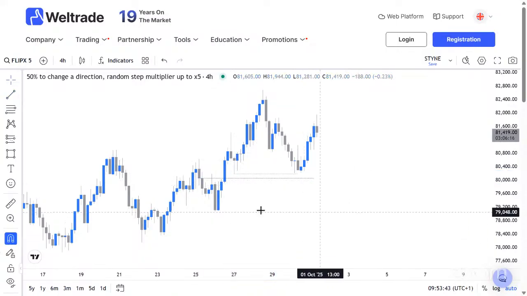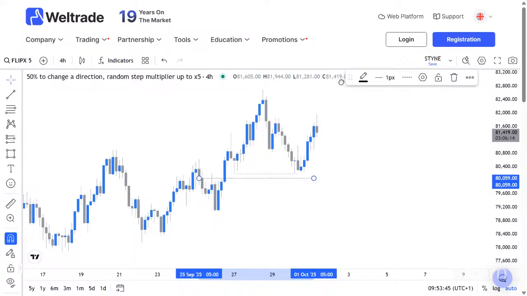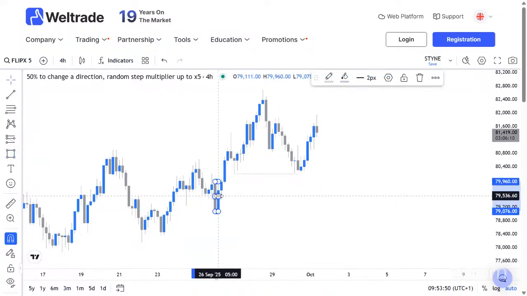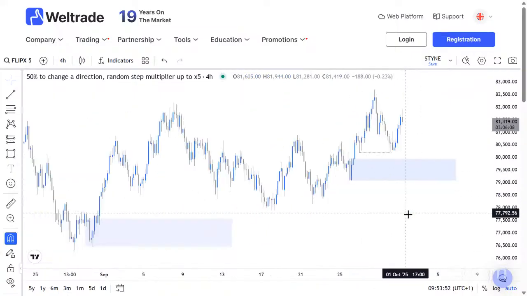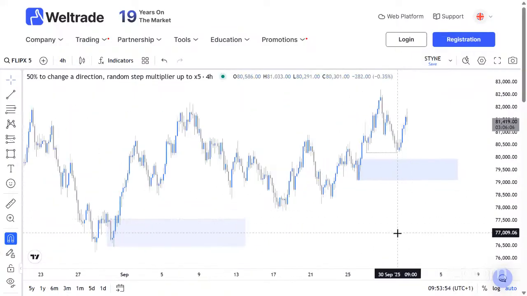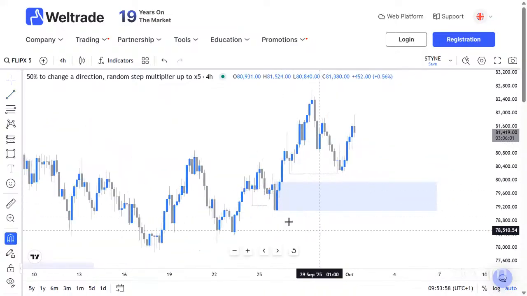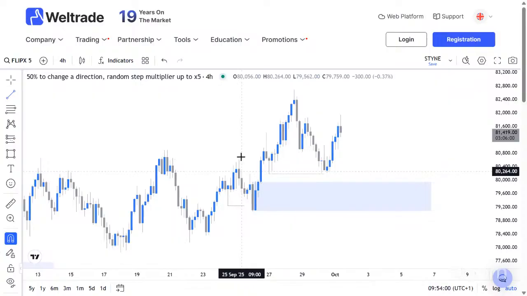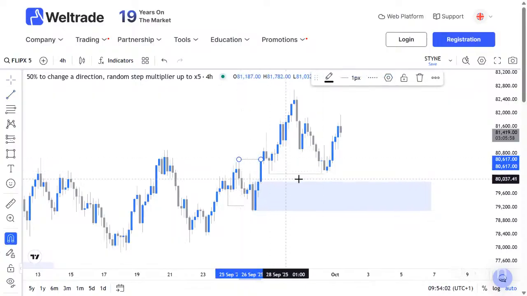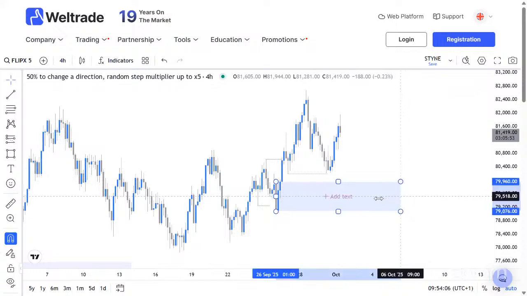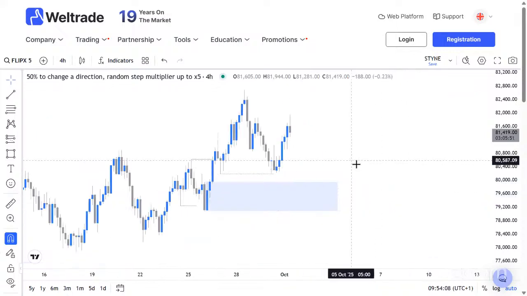So let me draw another block. Touch this other block here, and then we can buy, right? So this is what I'm looking at for Flip 5. This is a sweep, this is a break, and this is a build up here of liquidity. So let's see what Flip 5 does when it drops into this place. We should be able to catch on re-entries. Is that okay? All right.